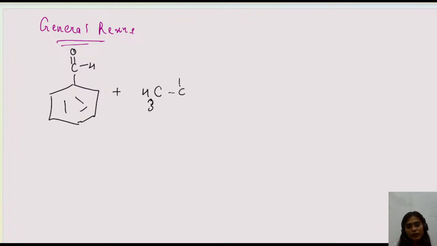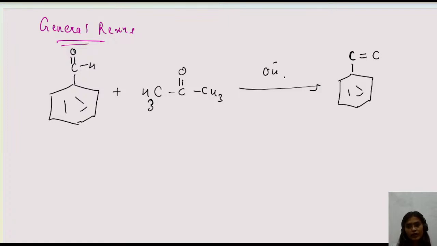The base we are using is OH, and what we get at the end is this carbon combined with a double bond. Obviously there is heat, the temperature is 100 degrees Celsius, and this is CO and CH3. This is what we really get in this case.